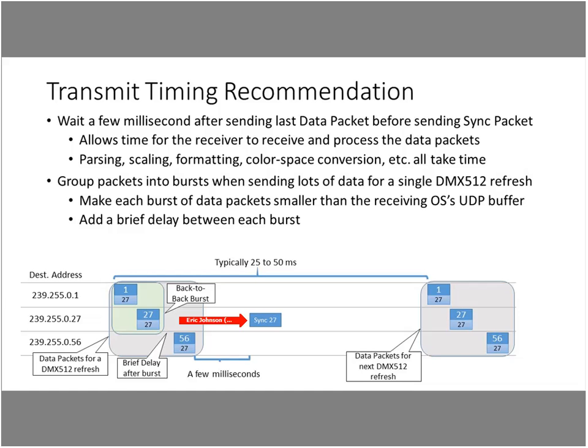That includes gamma correction, applying calibration values to the map, anything else you have to do, which in a moving light or an LED fixture can be a lot. You want all of that data in the buffer, ready to latch to the LEDs as soon as you get the sync packet.